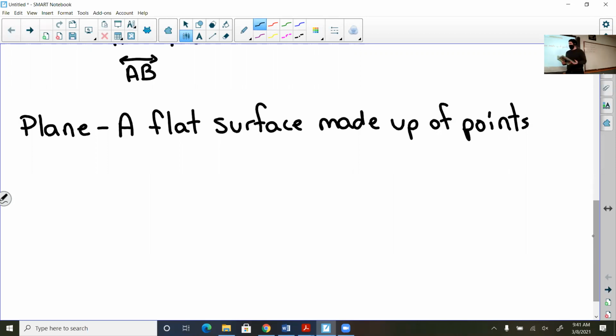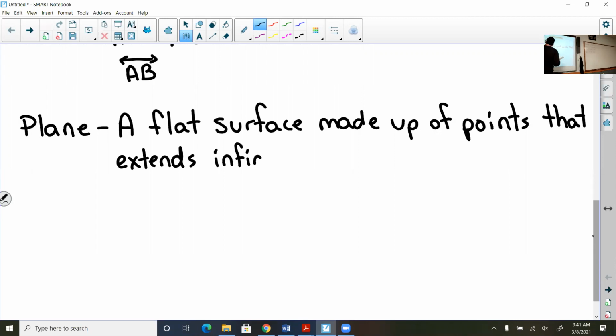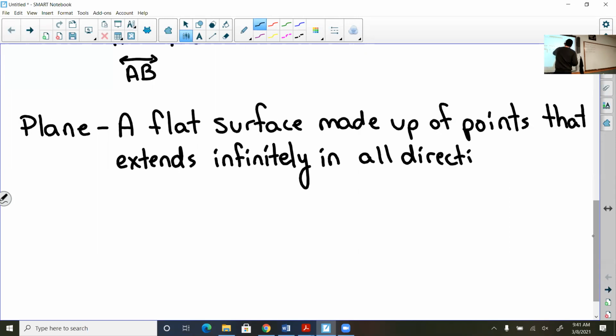It's just the ones that we're talking about. All right, so a flat surface made up of points that extends infinitely in all directions.